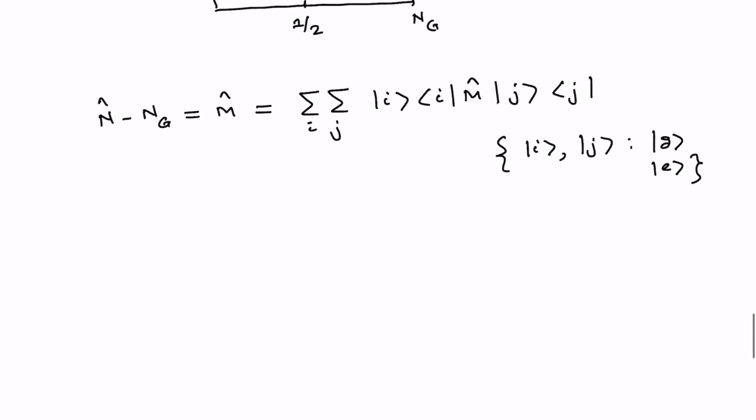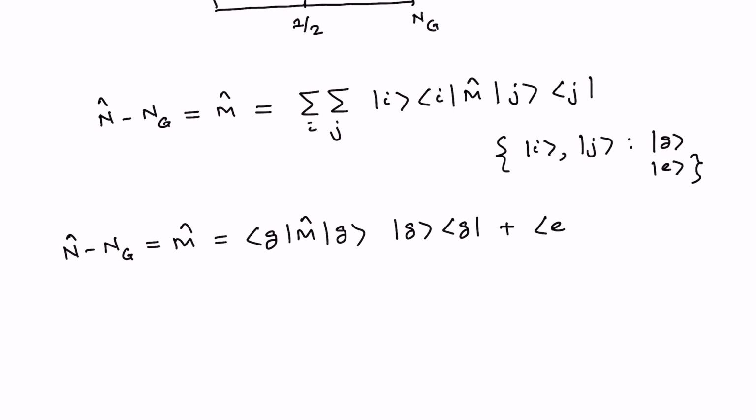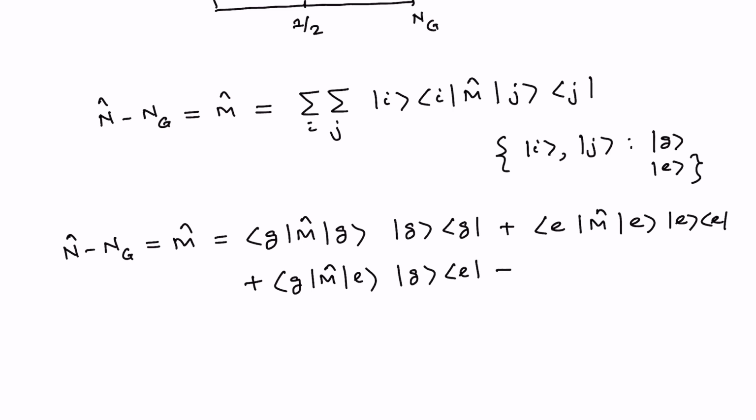So utilizing this, let me write the full expression for n minus nz in terms of this basis: z m z ket z bra z, plus e m e ket e bra e, and we'll have terms like z m e ket z bra e, plus e m z ket e bra z.